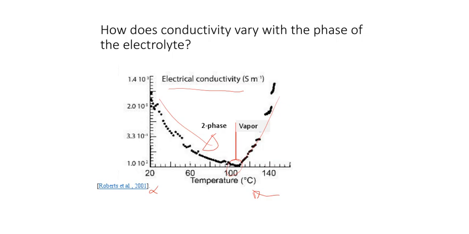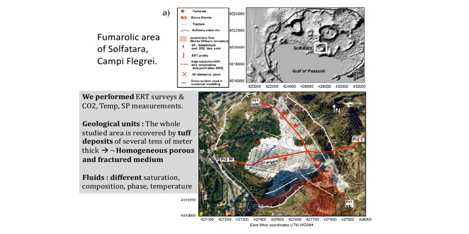Here's an example of multi-physics measurement that shed light on the structure of a hydrothermal system. We are in the Phlegraean Fields near Naples, in the volcano's main degassing zone, which is here, the Pozzuoli Solfatara. This is a satellite view of Pozzuoli Solfatara.